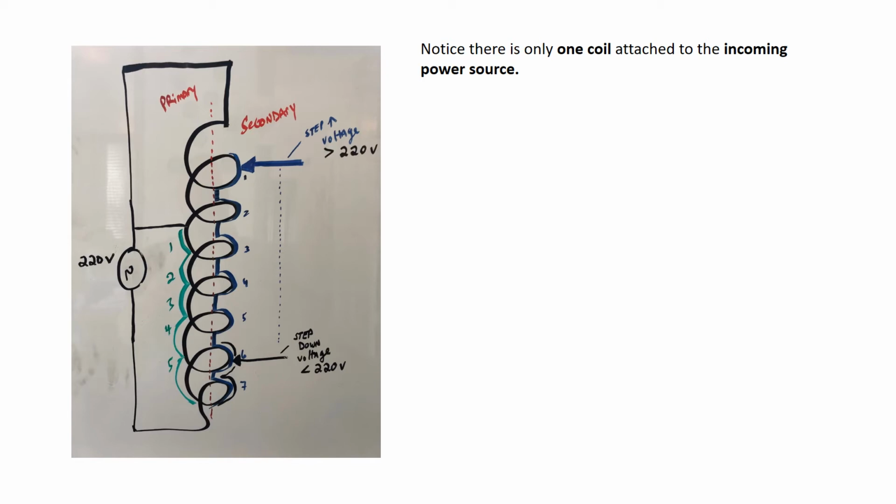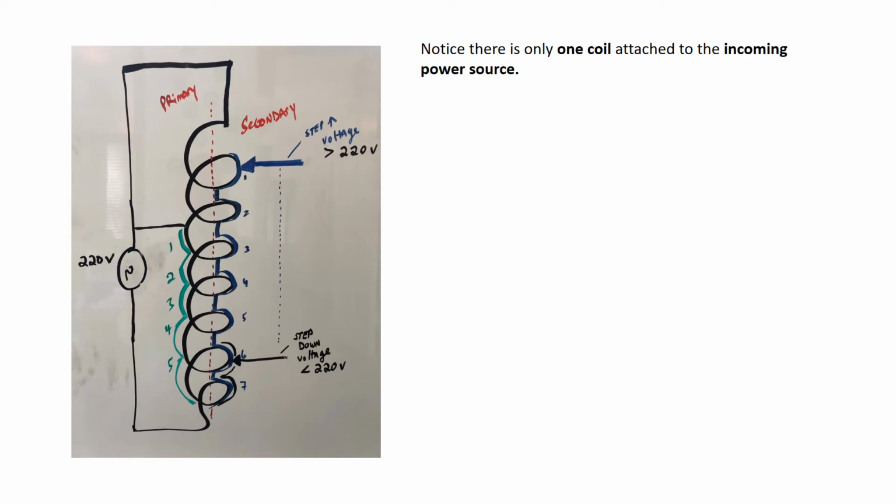So what am I going to do? I'm going to bring the voltage down. So in position 1, where I've used all of the coils on that side, I'm bringing the voltage up. When I bring it all the way down and I'm only tapping off 2 coils on the secondary side, now I'm going to bring the voltage down.